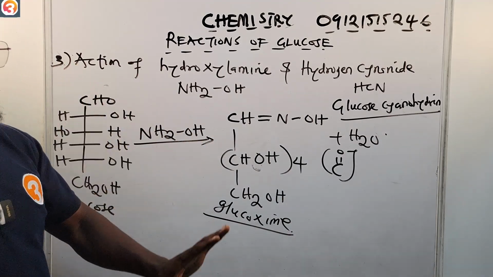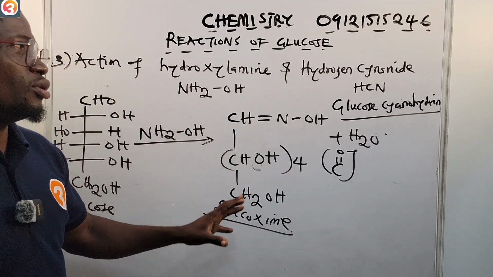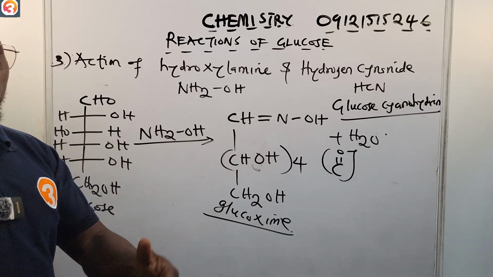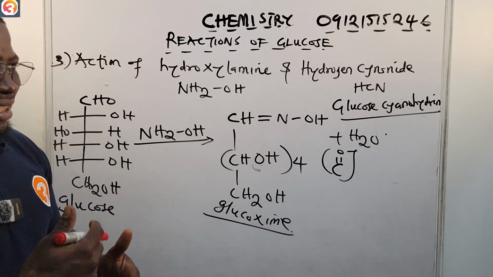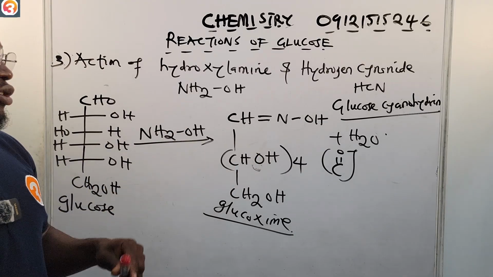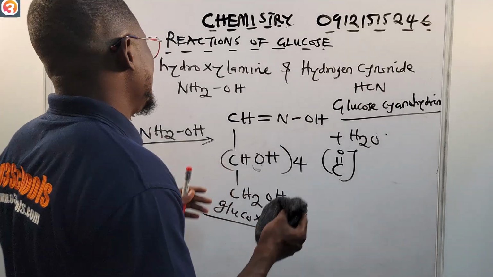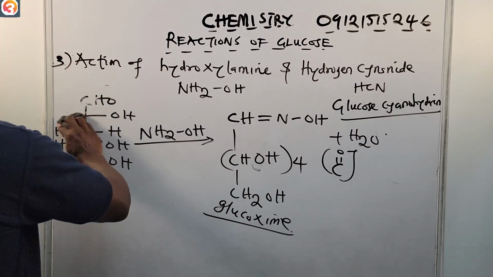That's why I was telling you that most of the reactions that we're going to consider are going to be pointing us towards a test for glucose. So please stay put. That is the third reaction we consider.